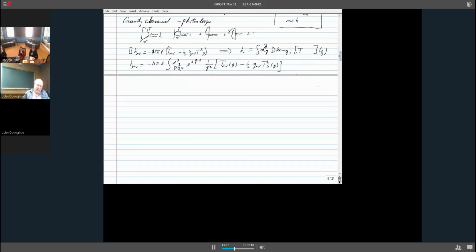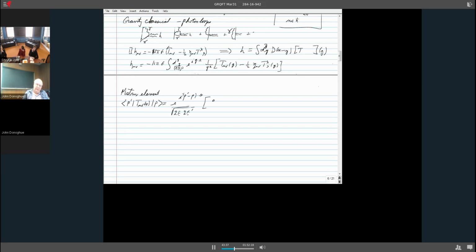Actually, I skipped one step in here. This basically says h is integral d4y, or d3y, some Green's function of x minus y times T of y. But then I just Fourier transform that whole bloody mess, and I get the usual 1 over q squared. So basically, all I have to do is take a matrix element.